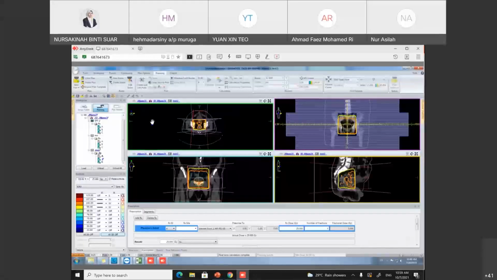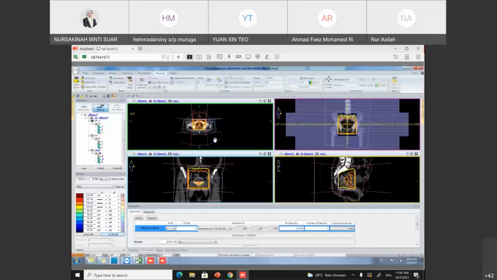Okay, this plan, as usual, the isocenter point will get 100% coverage, and the 95% is covered nicely from your fields. Here, in the sacral region, we wouldn't want a very high dose because of the bone marrow protection. So normally if the 95% is covered like this, following the curve of the sacrum, it should be okay.